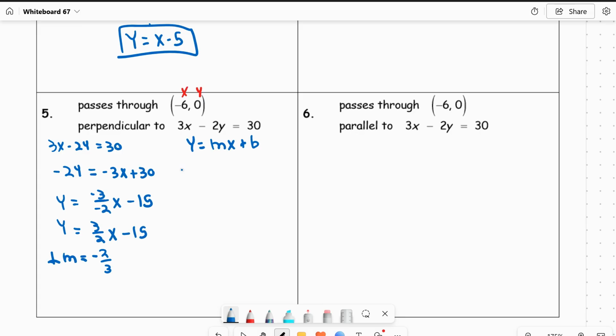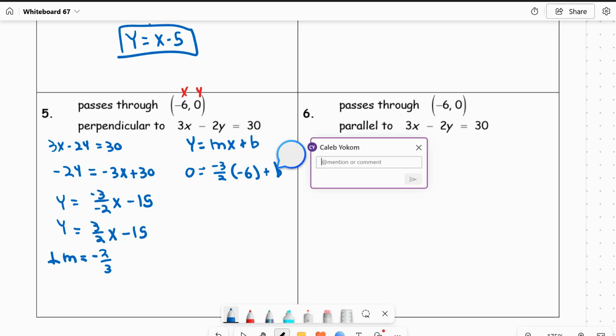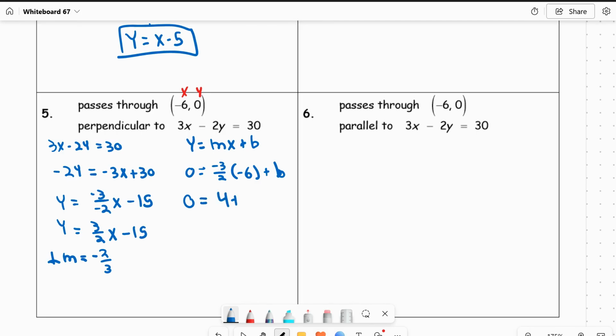So that gives me 0 equals negative 2/3 times negative 6 plus b. Okay, negative 2/3 times negative 6 is going to give me 4. So I get 0 equals 4 plus b. Subtract 4 from both sides. That's going to give me negative 4 equals b.